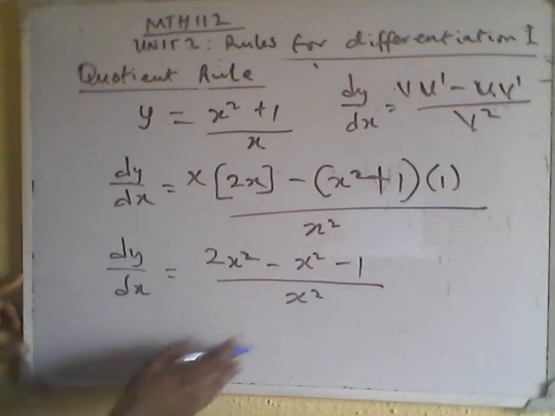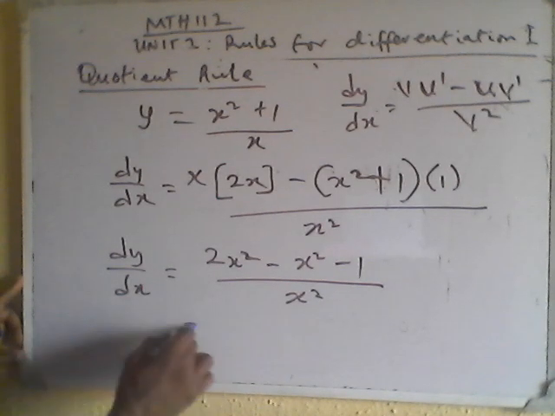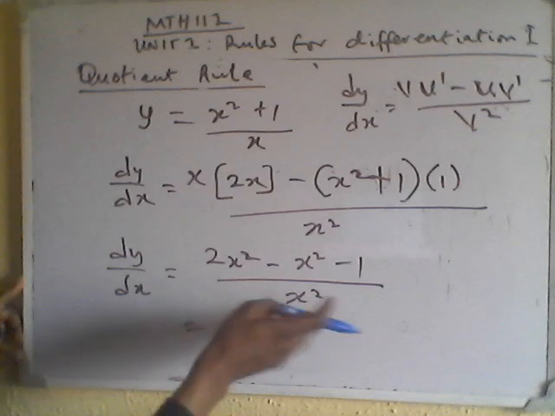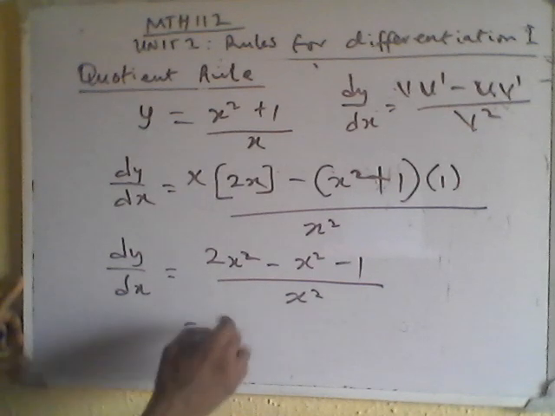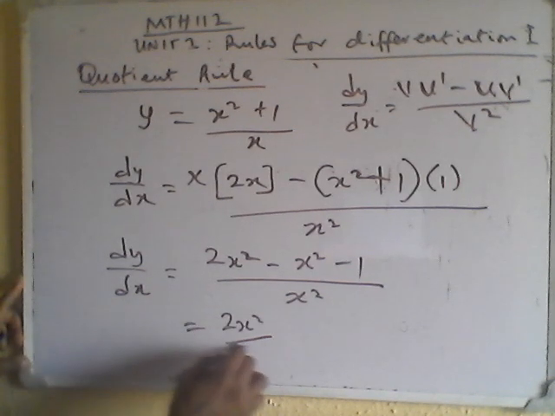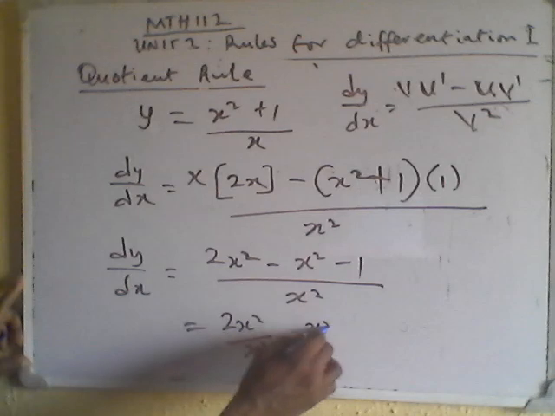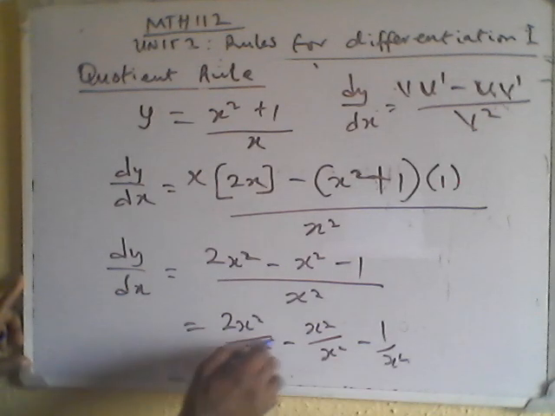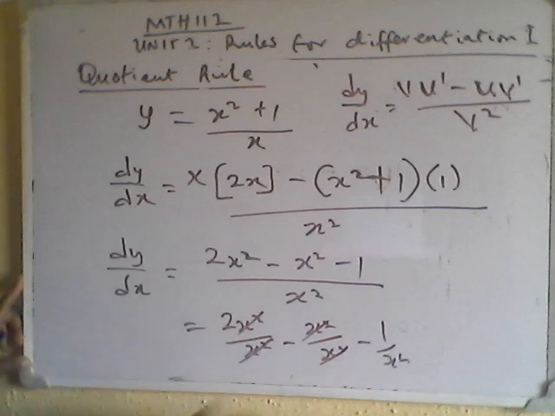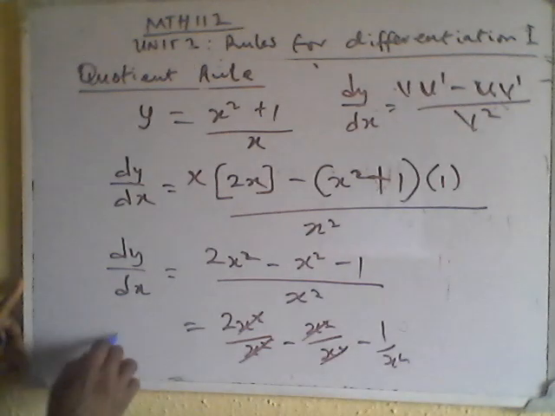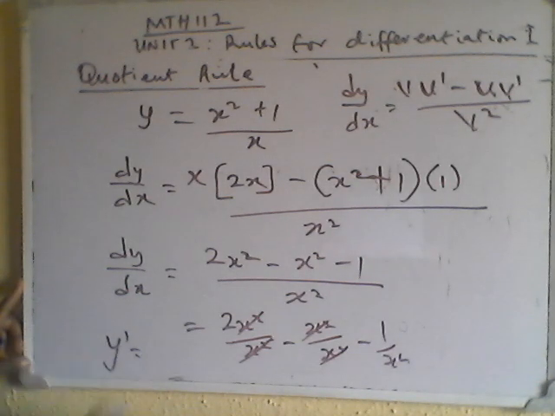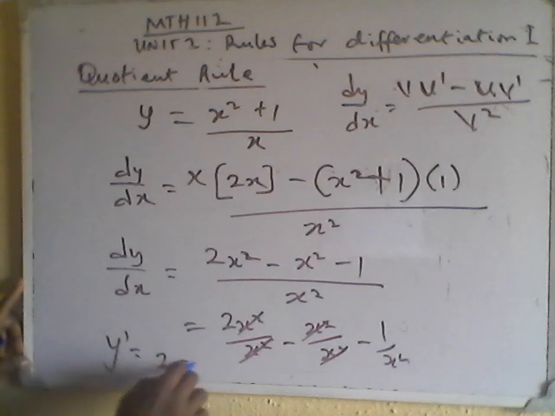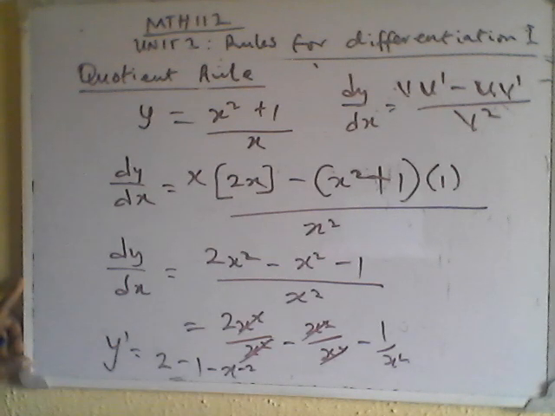So I can now separate each term with the denominator. So I say 2x squared over x squared minus x squared over x squared minus 1 over x squared. So this will cancel this will cancel this. So final answer, simplified form, y prime is 2 minus 1 minus x raised to the power minus 2.